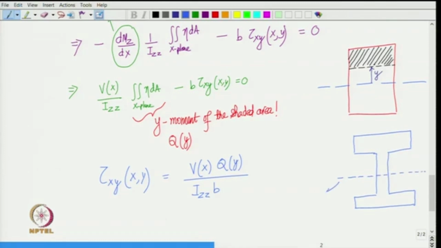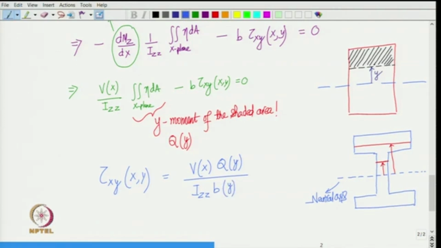So, the neutral axis also passes through the center, and we measure y from the neutral axis. So, if this is your y, then your width is just this b, and if this is your y, then this is your entire width. So, b can also be a function of y. Okay. So, we can say that this b here is also a function of y.